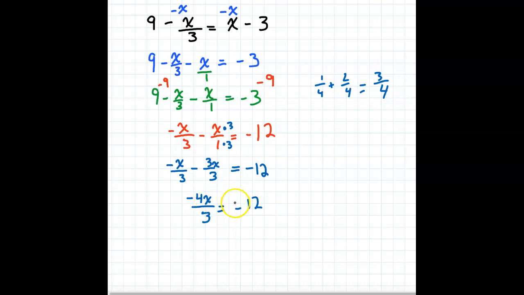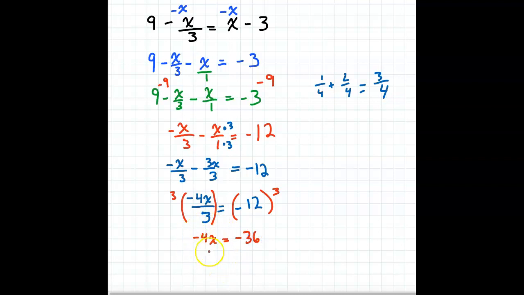Alright, so now I want to undo the division. We've done this before. So that's dividing by 3. I got to undo that, right? How do I undo the division? Times by 3 here, times by 3 here. So when I do that, I have -4x equals -36.